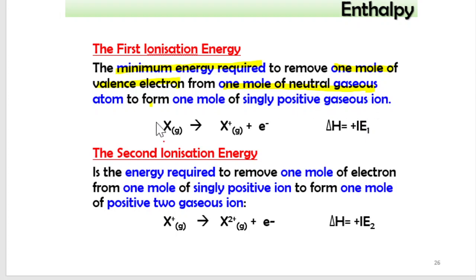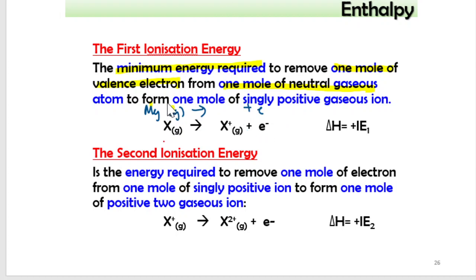So basically, if you have, okay, so contoh Mg lah, Mg in gas, okay, remove 1 mole of electron, so you remove 1 electron, so mesti electron tu bahagian produk.